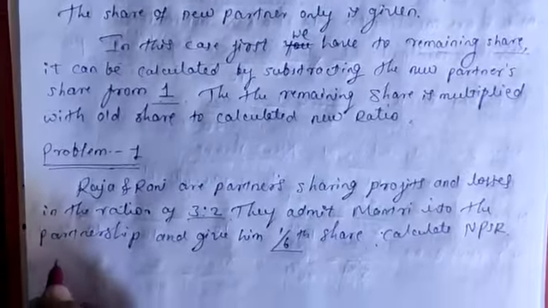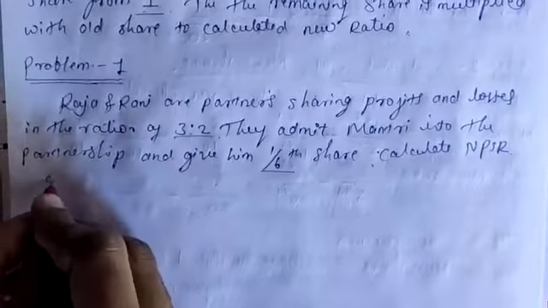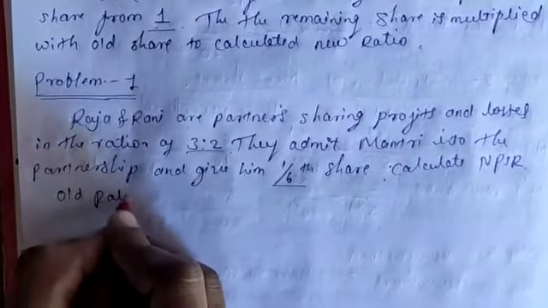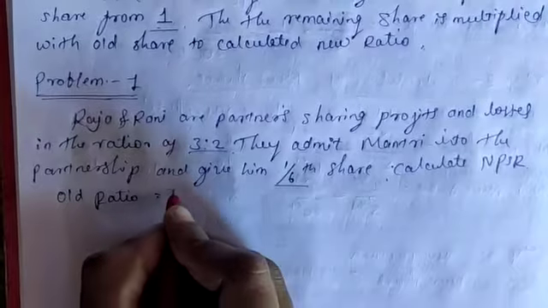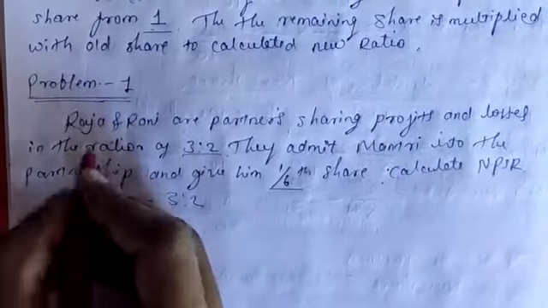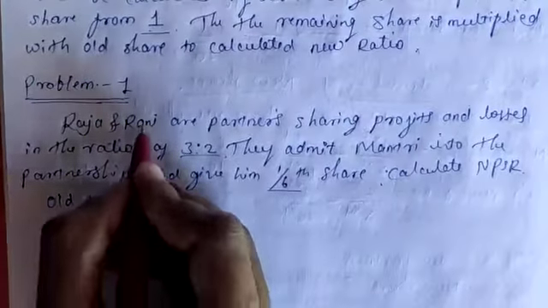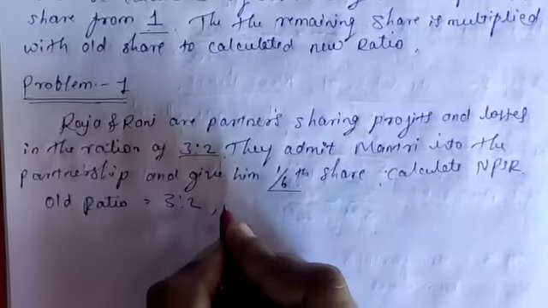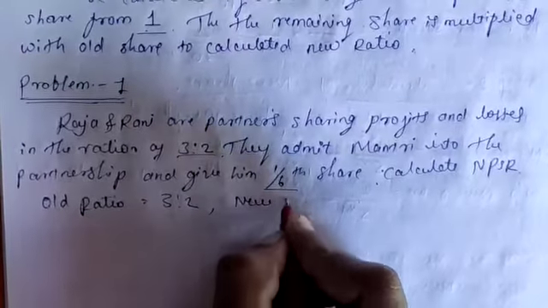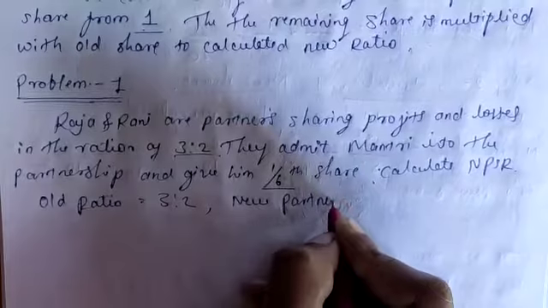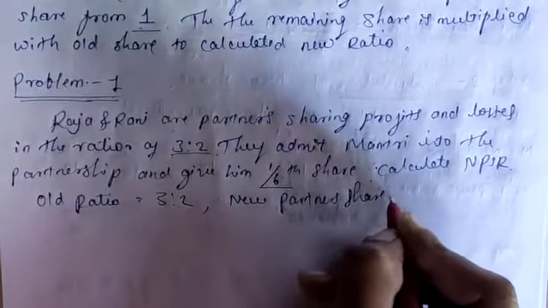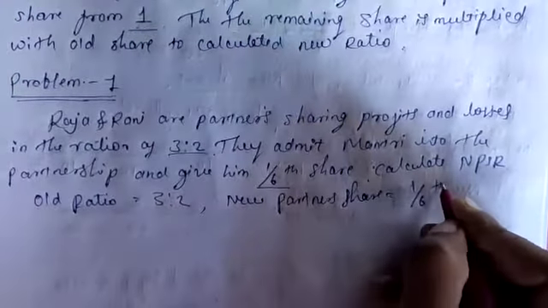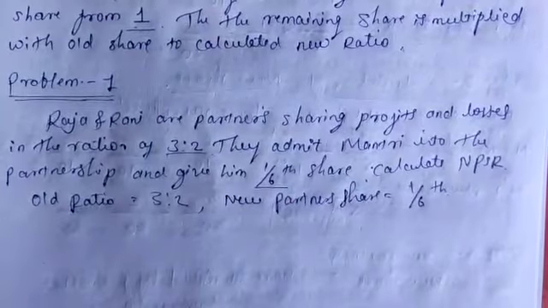First, take what is given in the problem. The old ratio is 3:2, where 3 belongs to Raja and 2 belongs to Rani. And the new partner's share equals 1/6. Only this much is given in the problem.